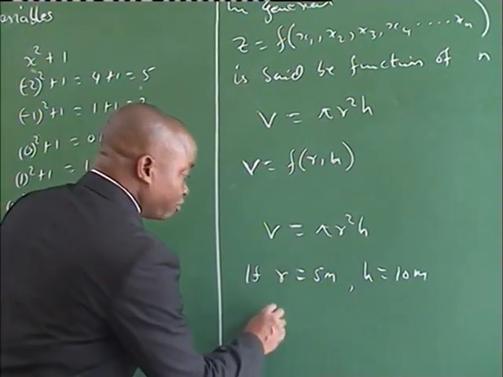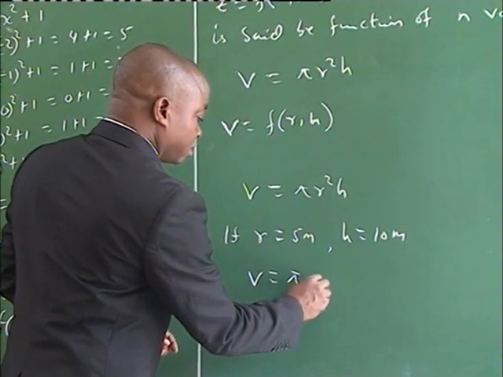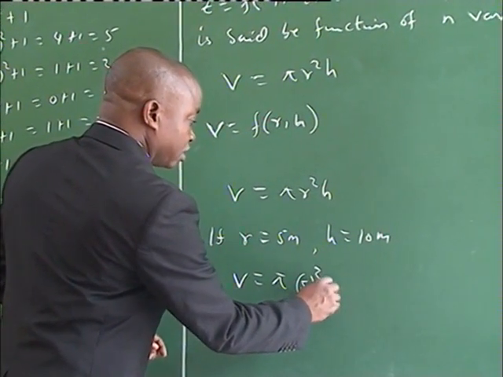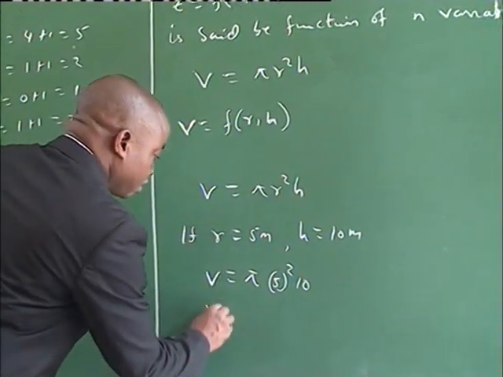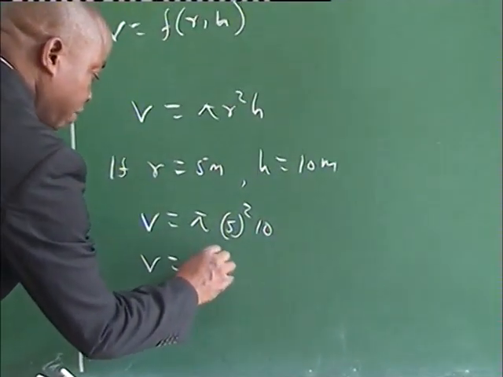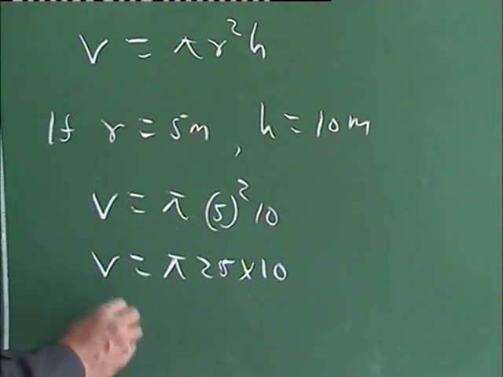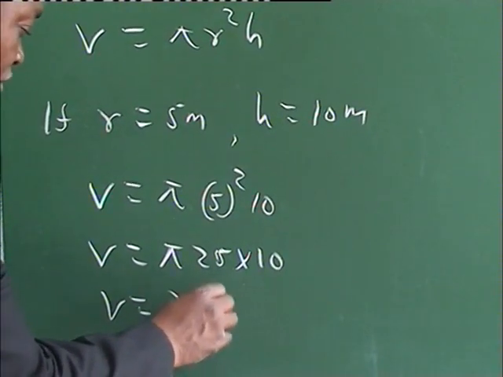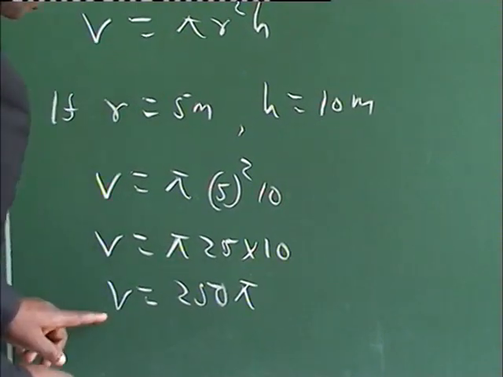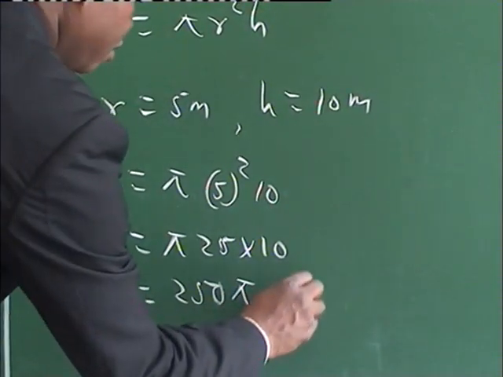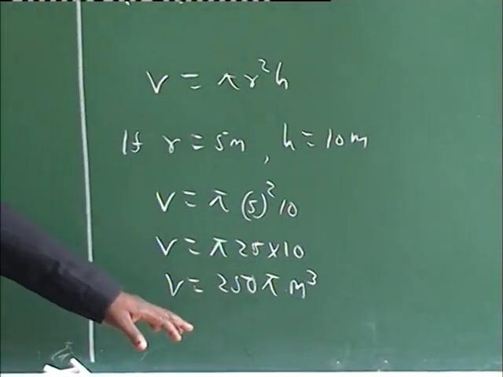V will be equal to pi times radius squared, that is 5 squared times 10. And here we have that V is equal to pi times 25 times 10, which will give us that V is equal to 250 pi. So this is the volume in meters cubed.